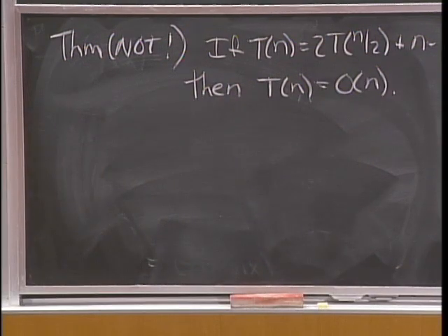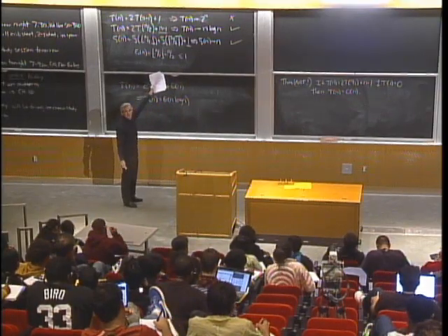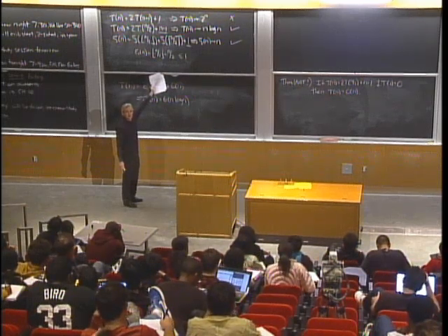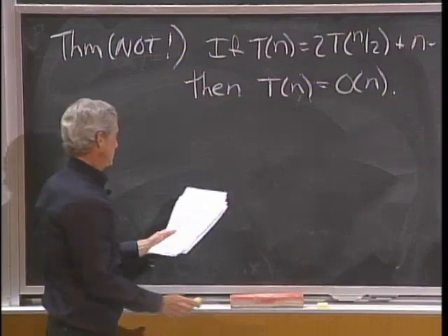Now that can't be right, all right, because we've proved it's theta of n log n, tilde of n log n, and that is not O of n, right? N log n grows faster than n. All right, but let's see the proof.